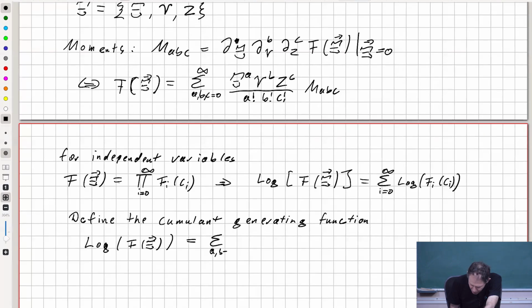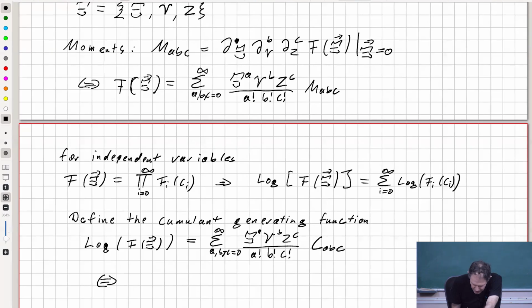So we have a sum over a, b, c from 0 to infinity, and we sum this over xi to the a, epsilon to the b, and zeta to the c, divided by a factorial, b factorial, c factorial, times c_abc.